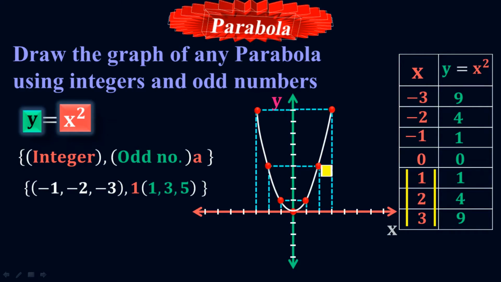Therefore, these 2 points must have a common level along the y-axis. At x equals negative 3, you have 9. You have the same point when you put x equals positive 3. So 9 is here, 9 is there. Therefore, you must have a common point for both points on the two sides of the parabola. You must be very careful about this thing.